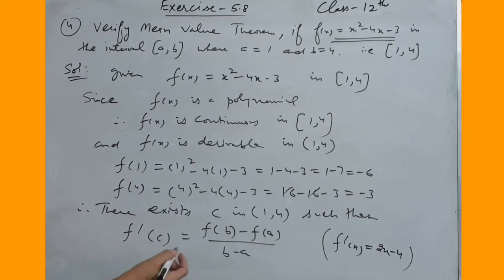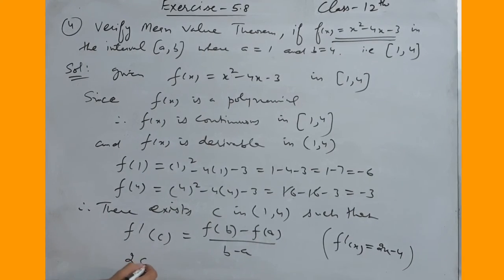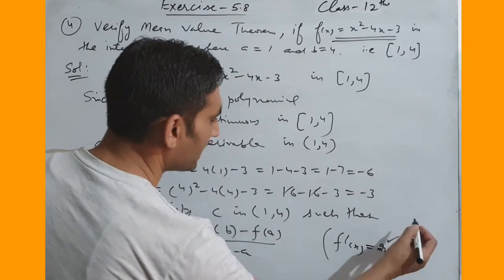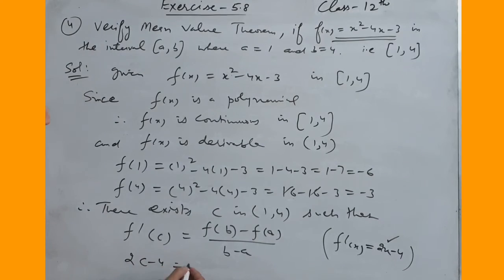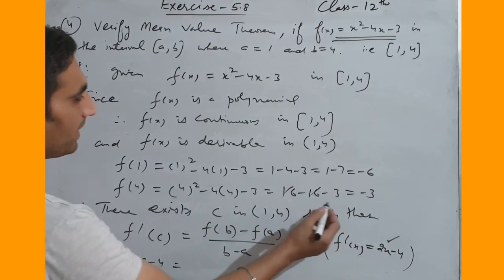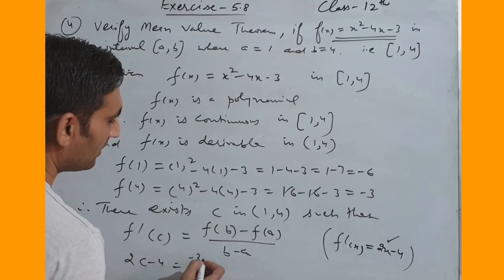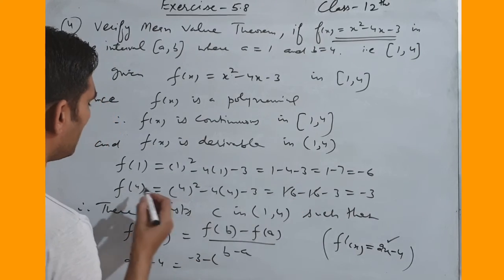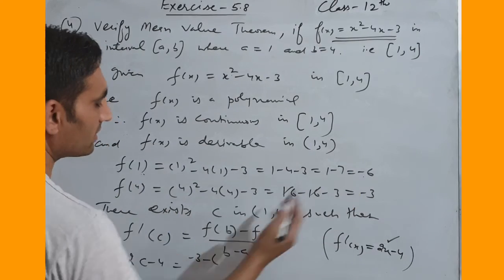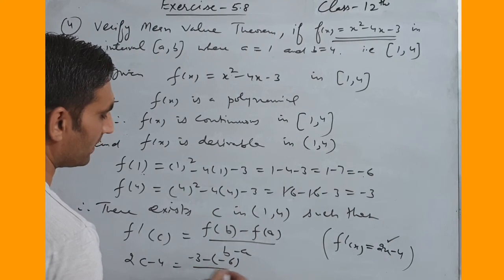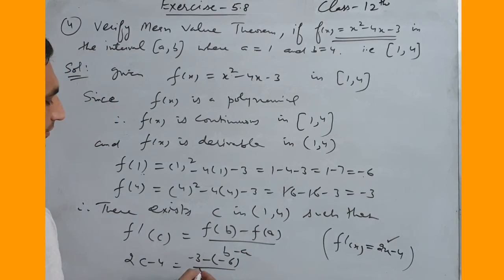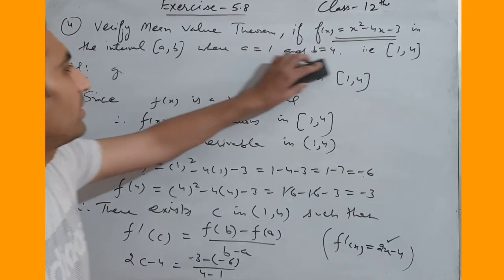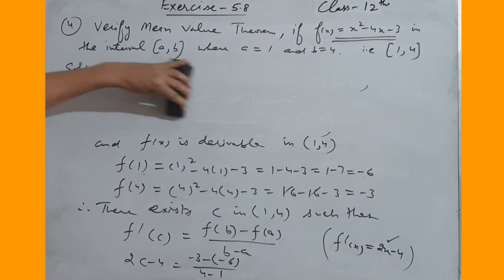So I am going to put the value. f dash c means 2c minus 4, replacing x by c here, equals what is f(b)? f(b) is this one, minus 3, minus f(a). What is a? 1. So it is minus 6, over b minus a, 4 minus 1. Let's write the answer of this. So I am going to erase these steps.